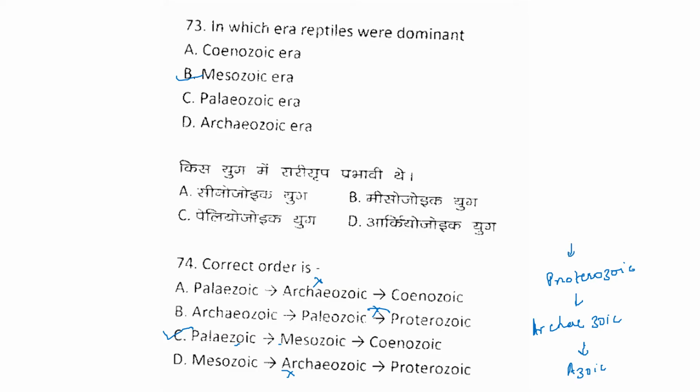After that comes the Paleozoic. After that, there was the Mesozoic era, and after that comes the Cenozoic. So, if we see along with this, option C is correct.